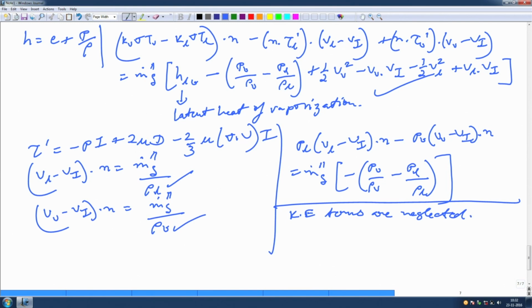And if you assume that there are no slip conditions at the interface, okay, by no slip condition you mean VLT must be equal to VVT, it must be equal to VIT. Across the interface all these velocities should be the same in the tangential direction, that is a no slip basically.